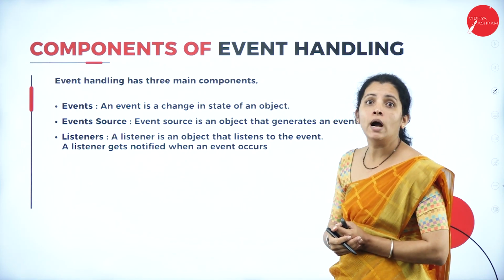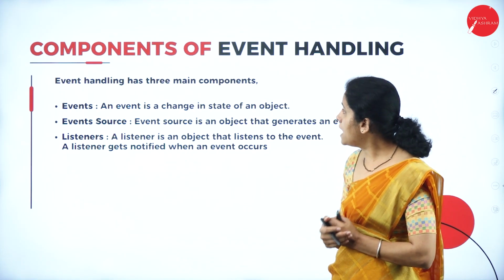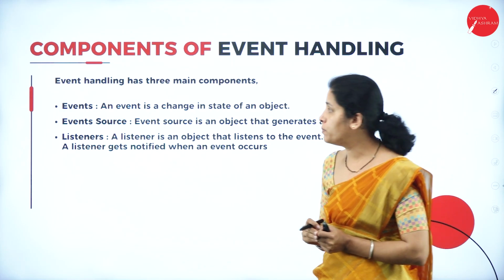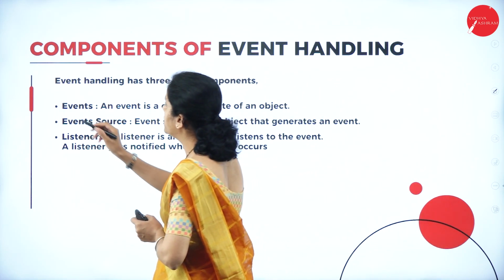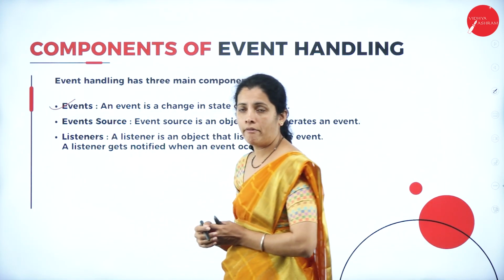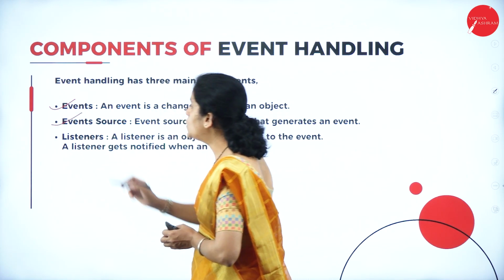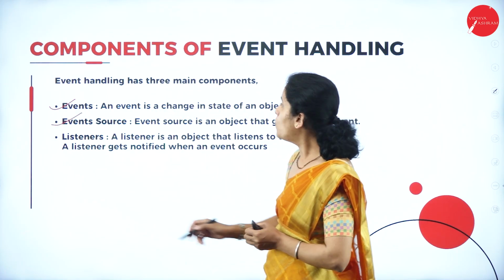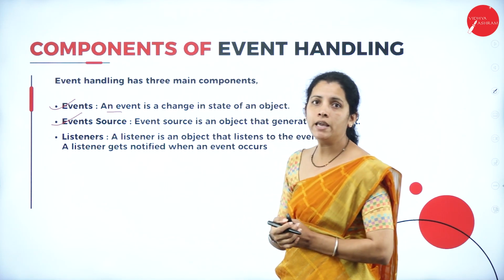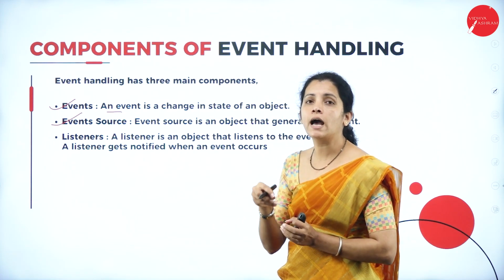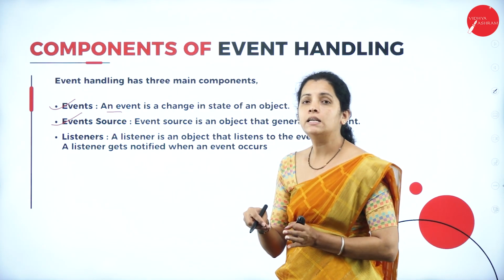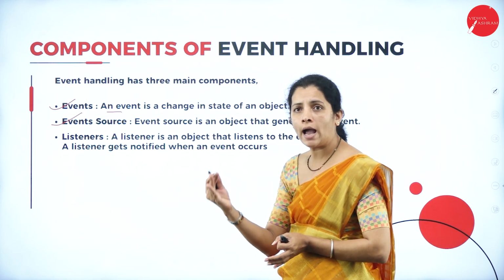Now, to handle the events, I must require three components. What are the three components? That is event, event source and listener. What is event? Event is nothing but the user action. When it is triggered, then what's going to happen?